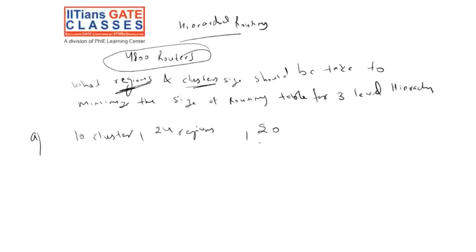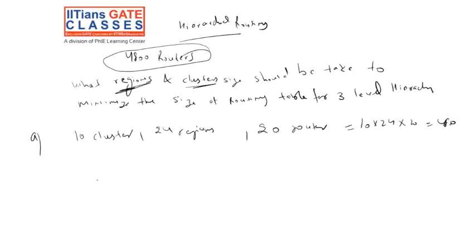What is the meaning of this line? In each cluster, 24 regions, in each region, 20 routers. So 10 into 24 into 20, it will be 4,800 always, right?